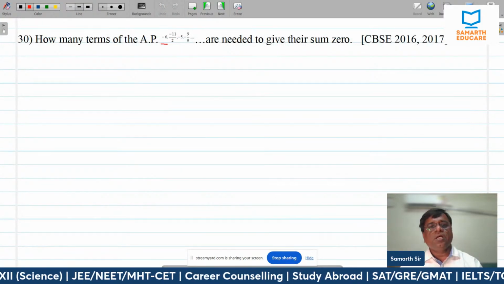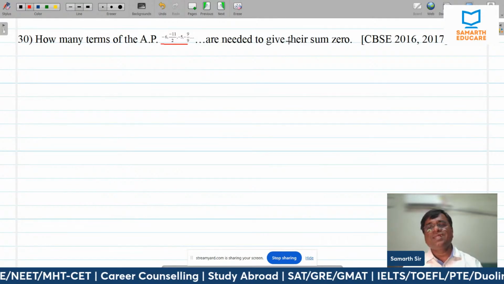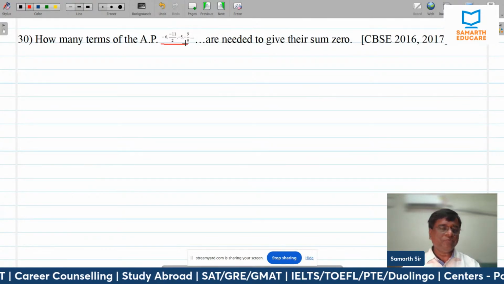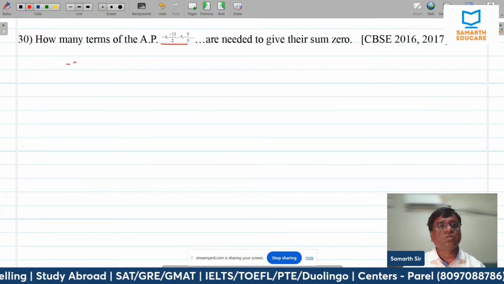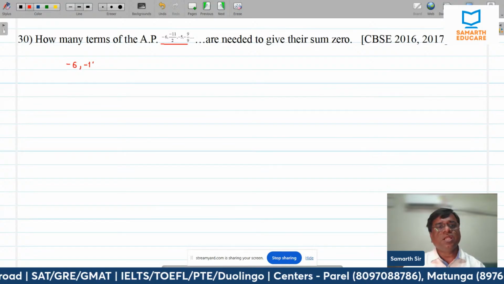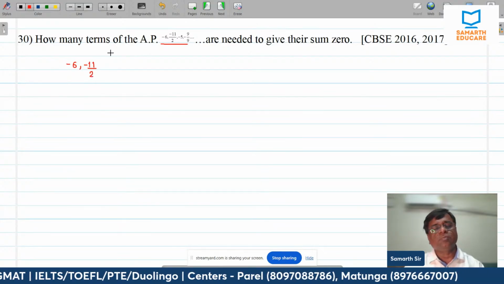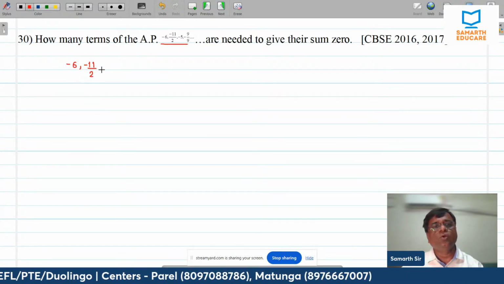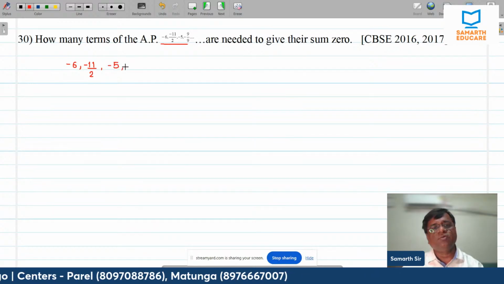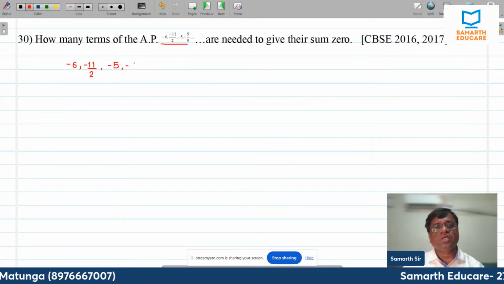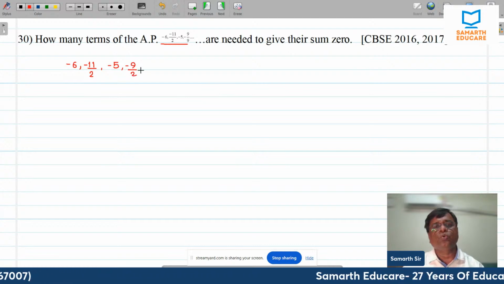How many terms are needed to give their sum as 0? Let me write the AP first. In other words, we are told the sum is 0, Sn is 0. I think there is some mistake here. Let me rewrite this. The AP is minus 6, minus 5.5, minus 5, minus 4.5, and so on.